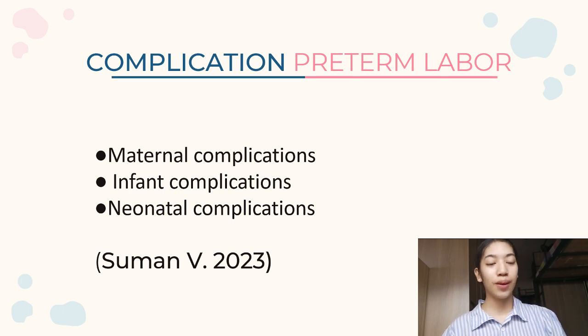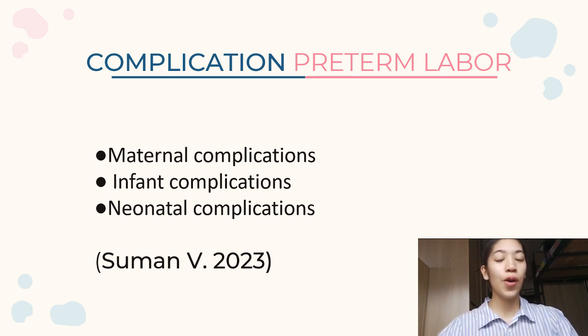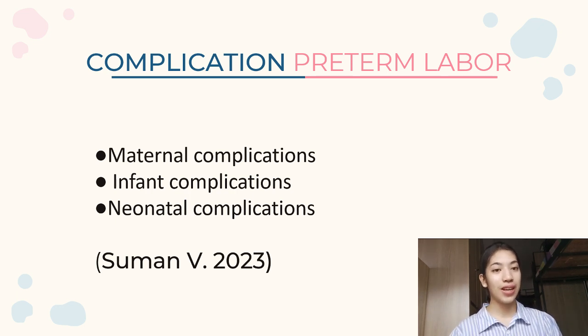Now let's talk about complications. The first one is maternal complications. Preterm labor has been associated with an increased risk for cardiovascular mortality and morbidity, typically years after the delivery, for unclear reasons. The second one is infant complications.